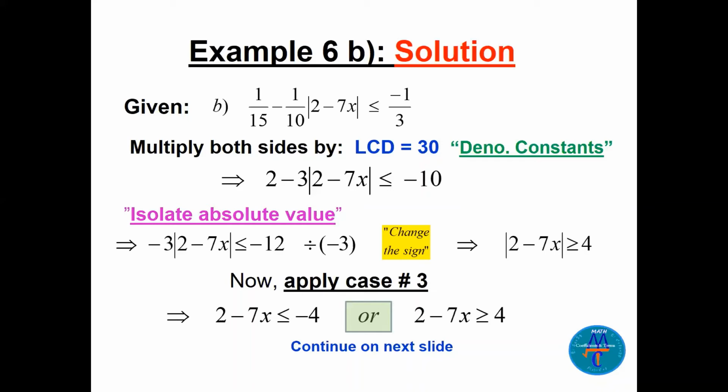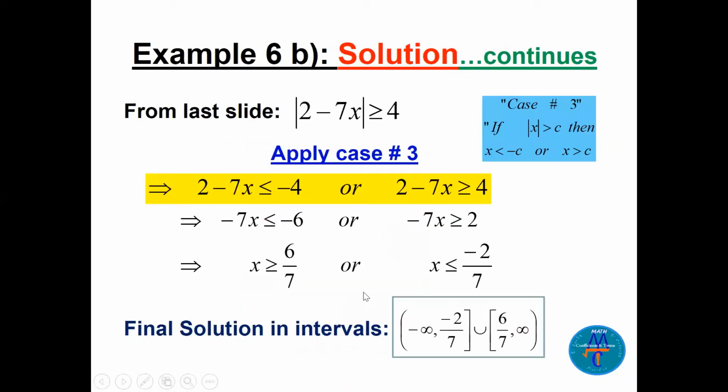Now, since we have absolute value greater than 4, and 4 here is positive, we say 2 minus 7x less than or equal to minus 4, or the same expression greater than or equal to 4. Continue in the next slide. So we apply case 3. I'm just reminding you here, case 3 is this one. You have to have or. So you proceed here. We have minus 7x less than or equal to minus 6. Divide by minus 7, change the sign.